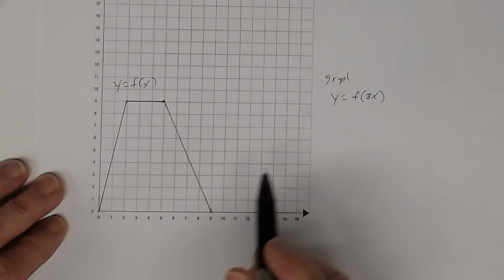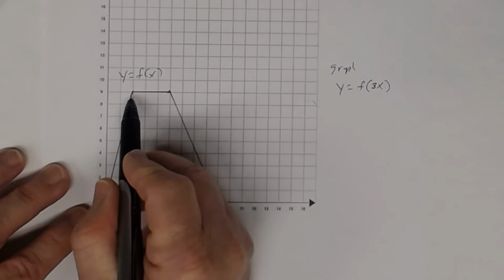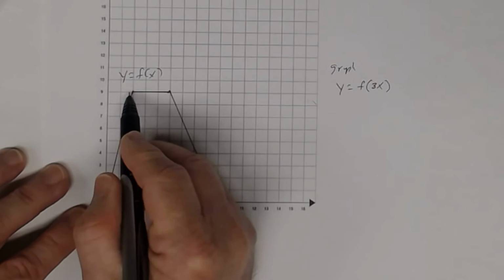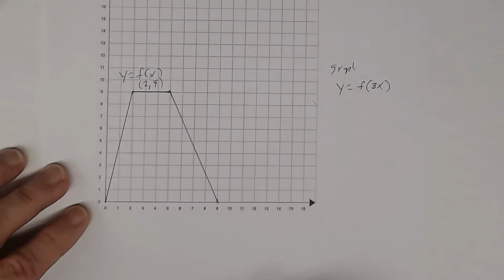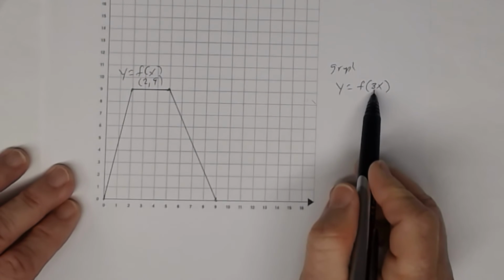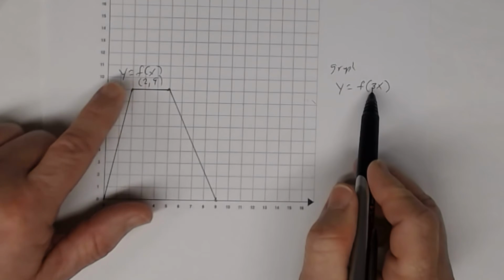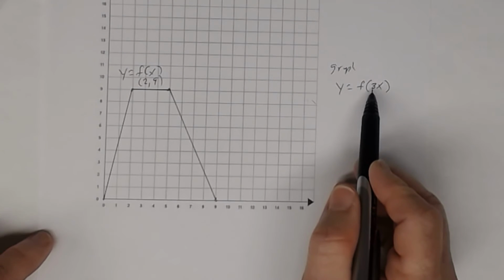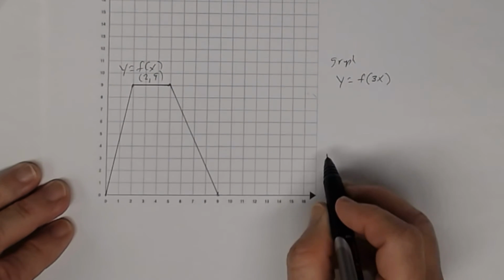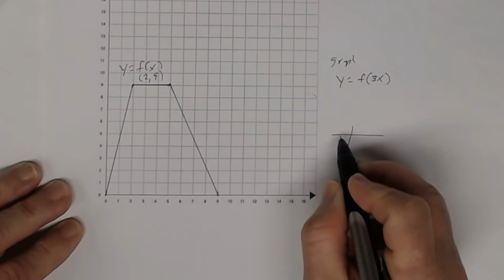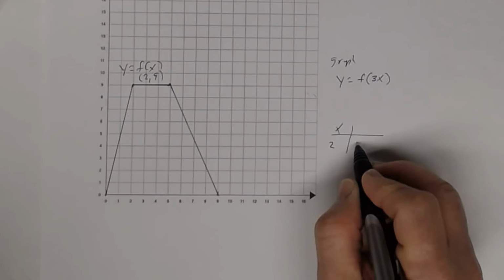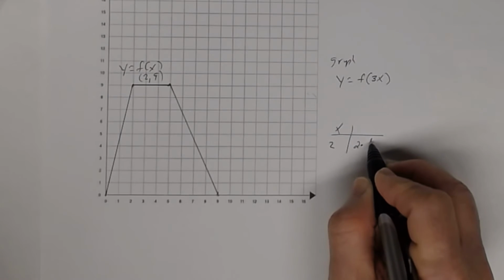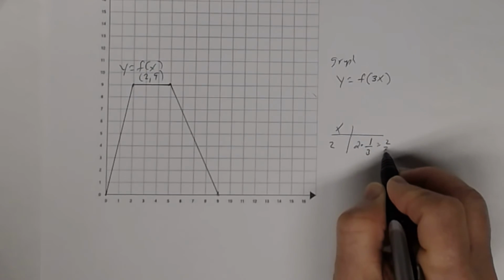So remember what we do. Let's do this point first right here. This point has coordinates 2, 9. So I take my x coordinate, which is 2, and I multiply by 1 over k. So when x is 2, I'm going to take 2 and multiply by 1 over 3, which is 2/3.